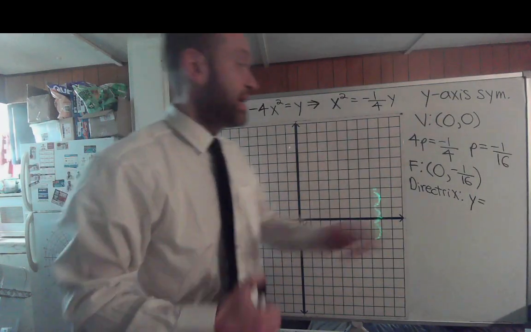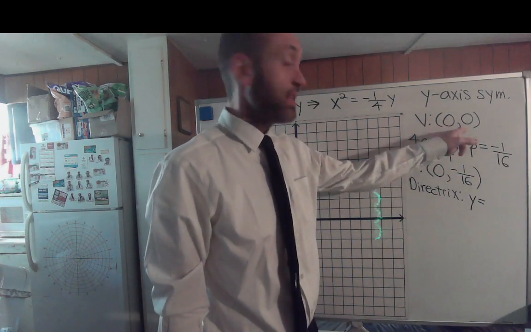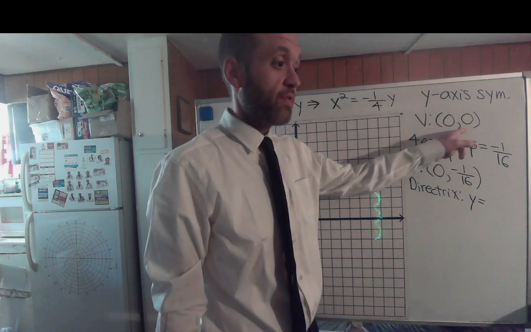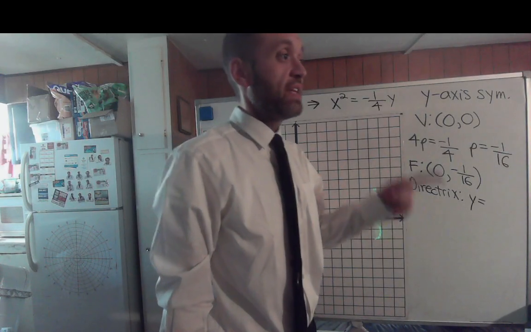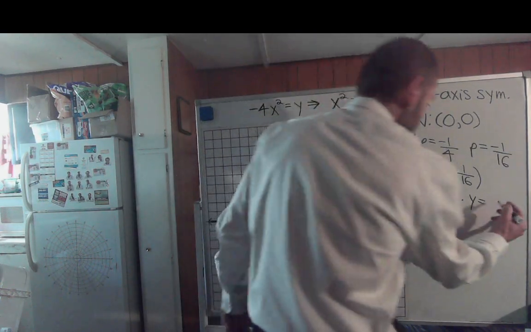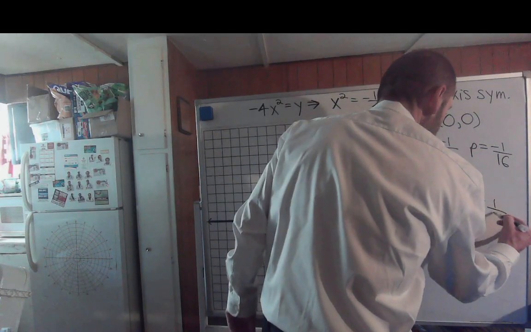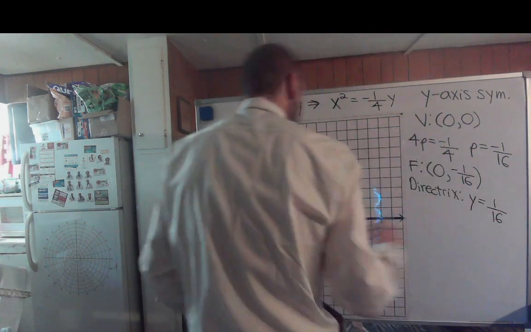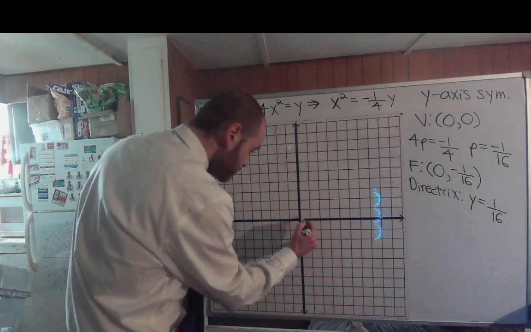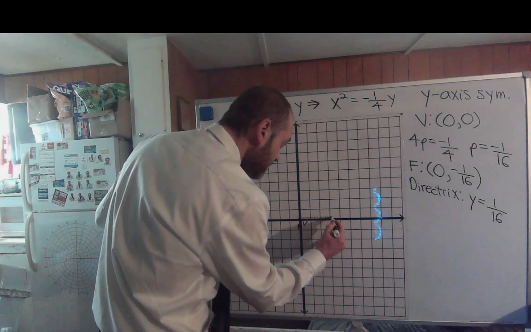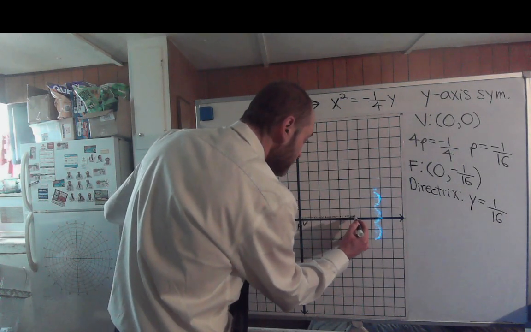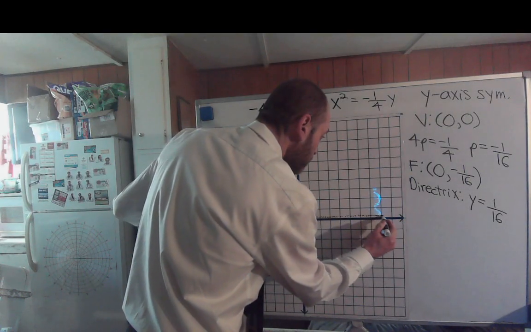So I'll take that -1/16, I'll subtract that from my y-coordinate of the vertex, which is 0. 0 minus -1/16, that's 0 plus 1/16. So that would give me y equals 1/16 for the directrix, which is going to be pretty much right against the axis here. There's my y equals 1/16.